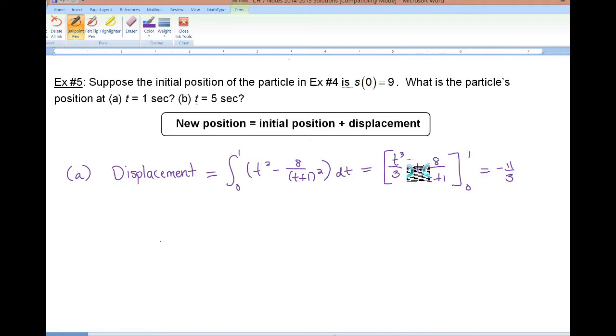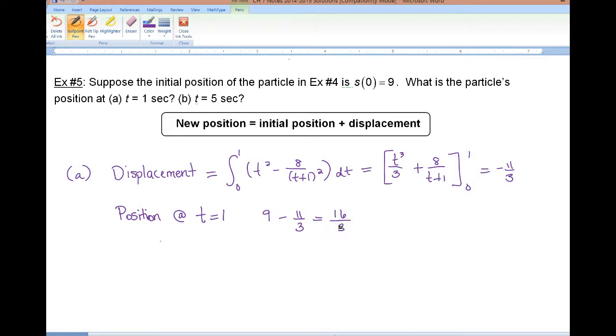Now to find the position. Plug in 0, and then we get a minus 8. You'll be subtracting 8. So the position at t equals 1.